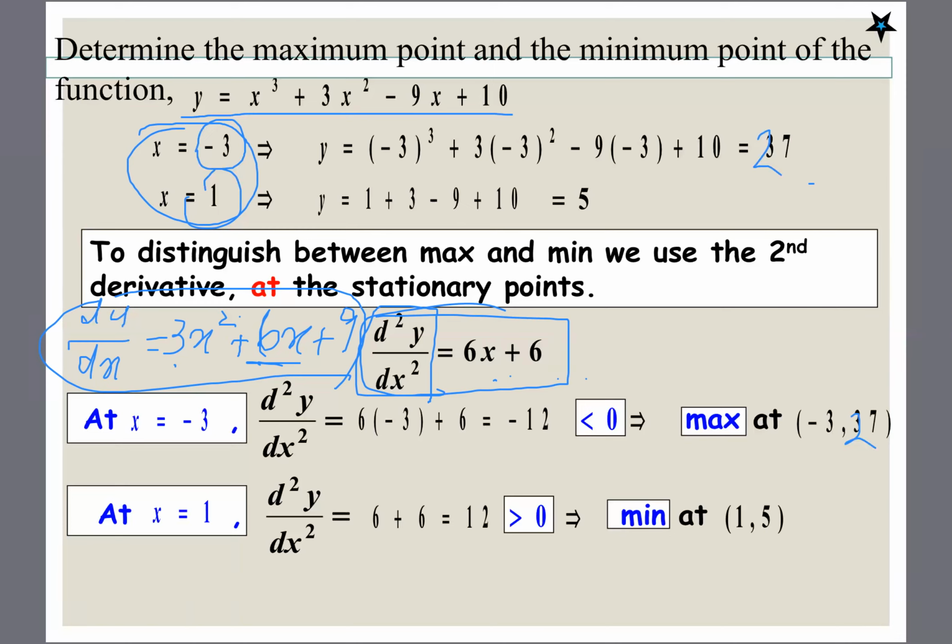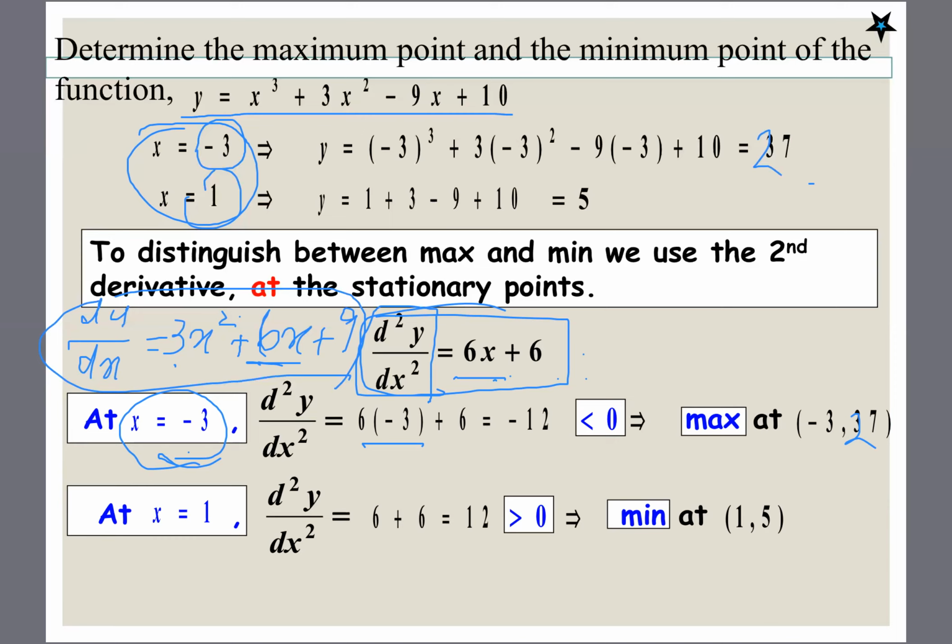I consider the first x value, minus 3. I just apply minus 3 in the second derivative function: 6 multiplied by minus 3 plus 6.